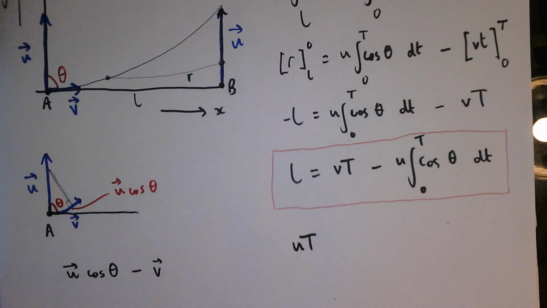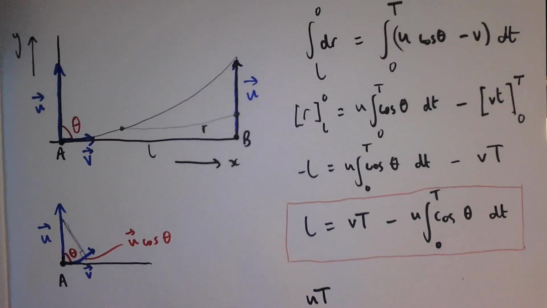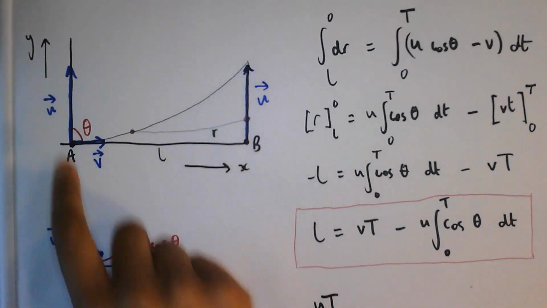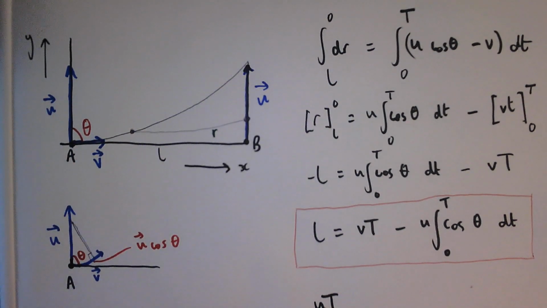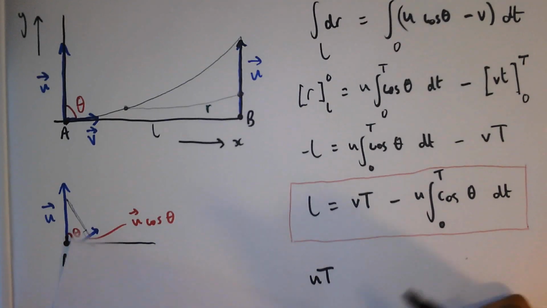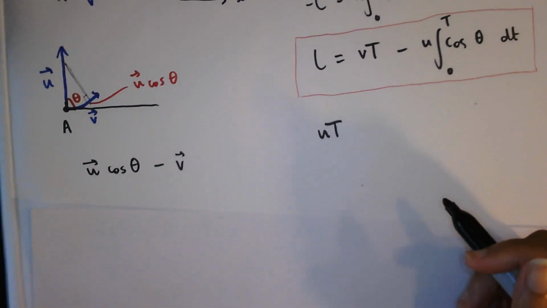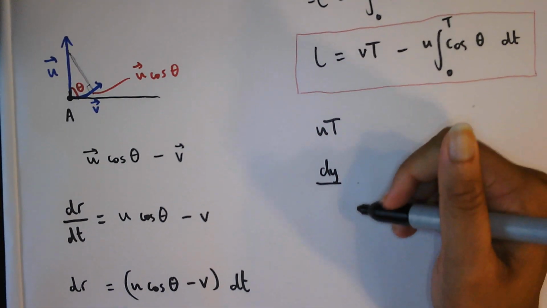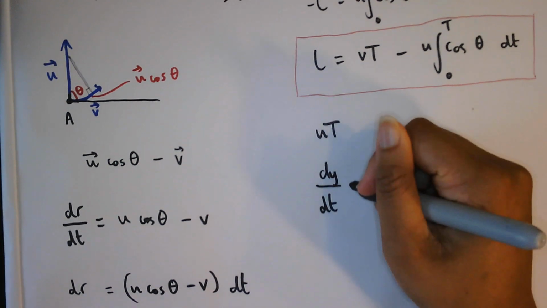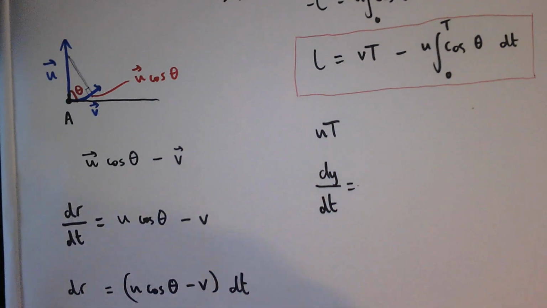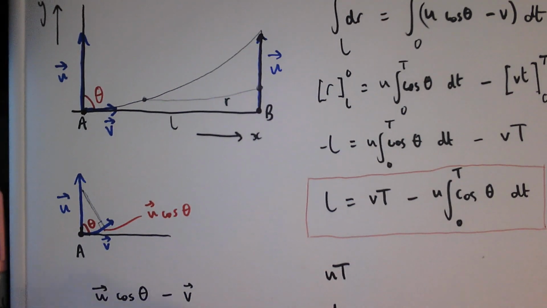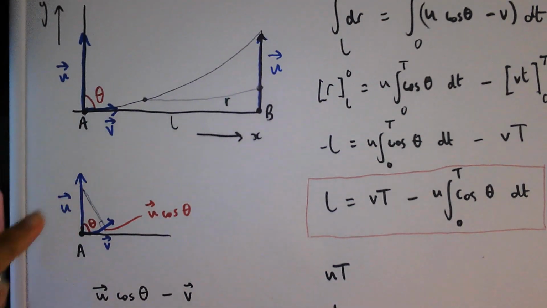But we can also write that point A is moving in the y direction, so a change in point A's position in the y direction, dy in a specific time dt, is equal to a component of point A's velocity v.